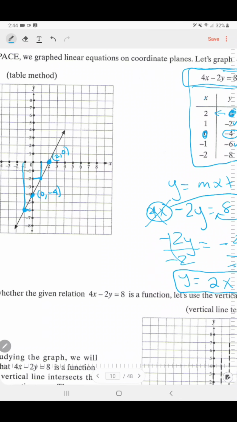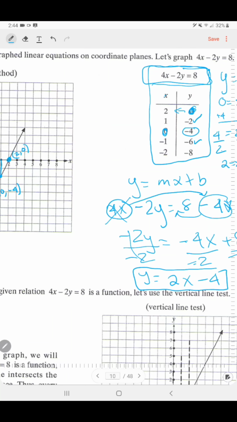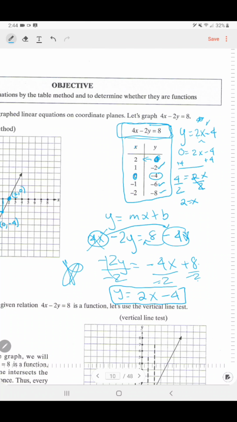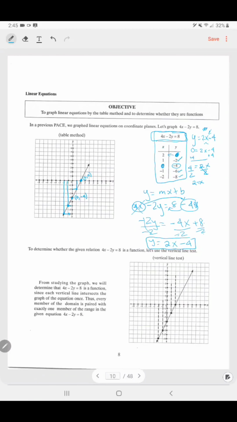And if you go to -2 and go down until you hit the line, it's at -8. So you didn't have to plug in a lot of numbers for x. If you just put 0 for x and 0 for y, all the rest of them will come up. You'll see that again in a minute.